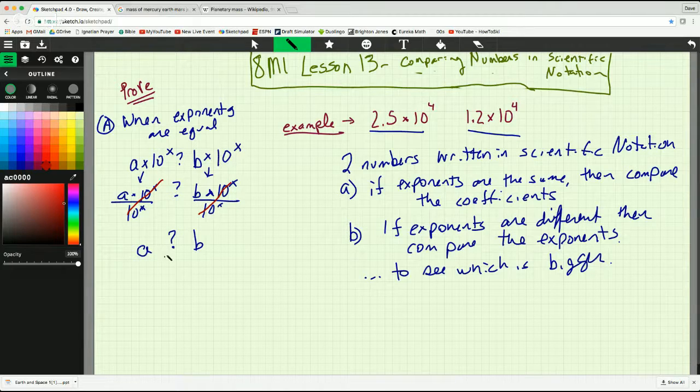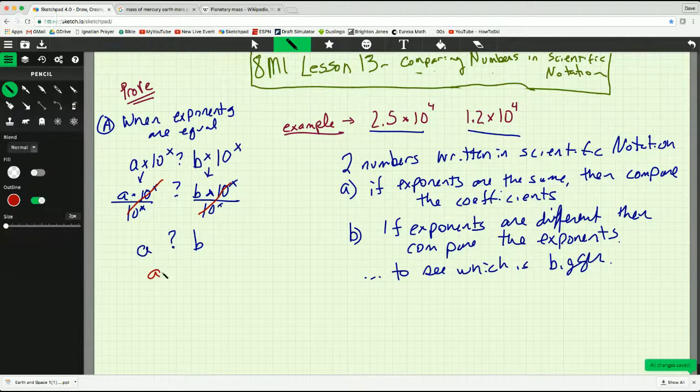If A was bigger than B, you'd just say A is greater than B. You'd say if A is greater than B, then A times 10 to the x is greater than B times 10 to the x.